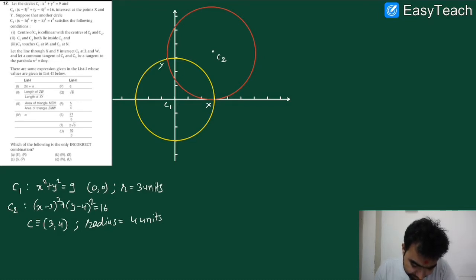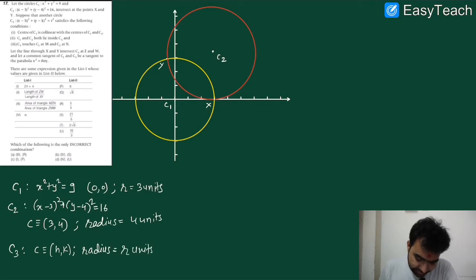Another circle satisfies the following condition. There is a third circle whose center is C3, whose center is h, k and radius is given to be r units. Now C3 is collinear with the centers C1 and C2. C1 and C2 both lie inside C3.